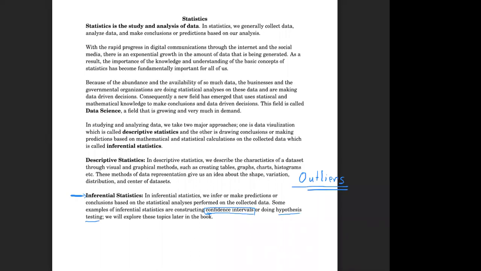Extreme values means outliers. It could be extremely large or extremely small. So when I'm talking about the average amount of money Hartnell students make, I'm not including a student who just inherited $1 million. That's an extreme value. We are excluding those.